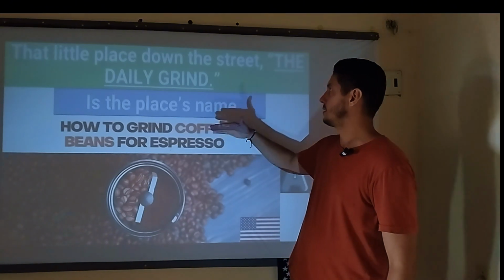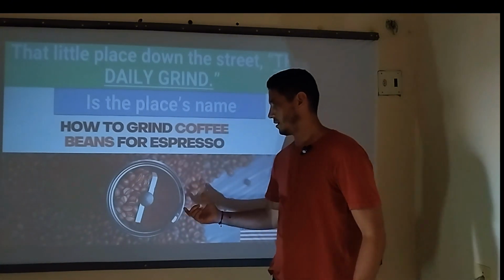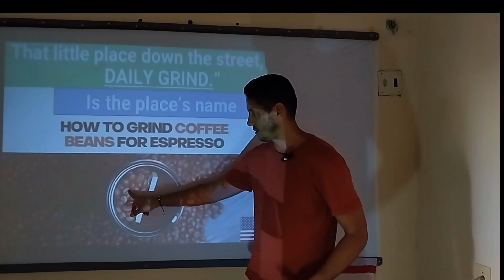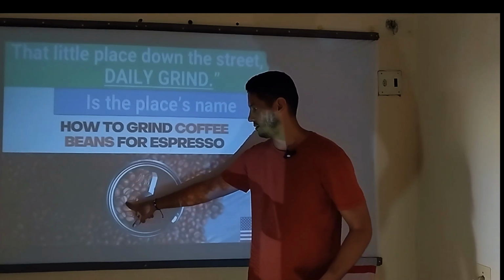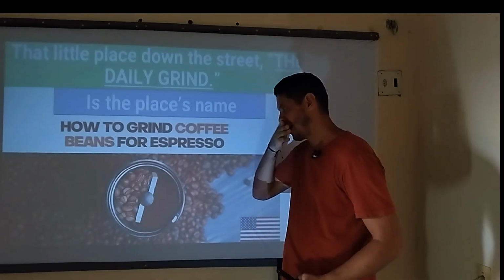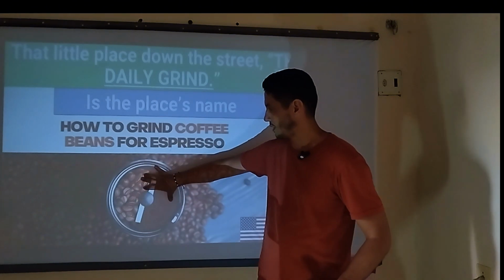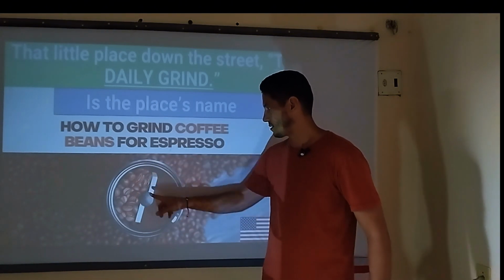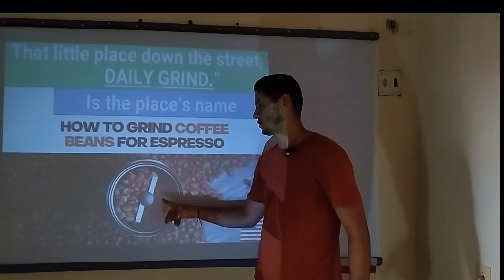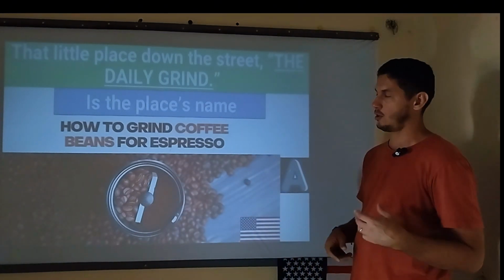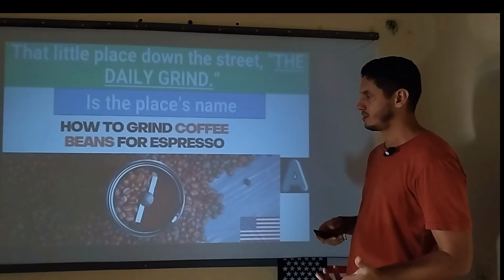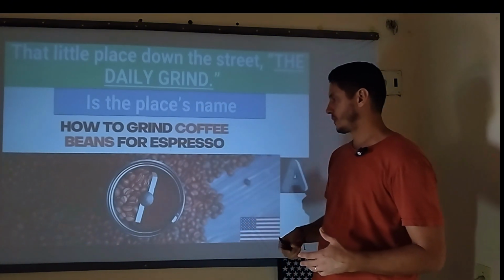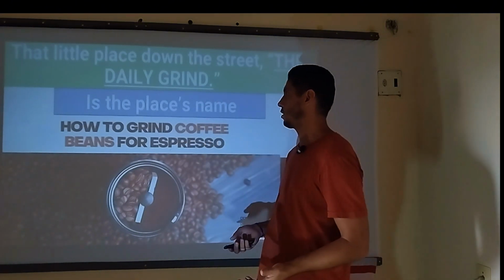Grind is the action of making coffee beans into powder. These are coffee beans, alright? And you put it into that machine, and it spins around and turns beans into powder. So instead of having coffee beans, you have coffee powder. You can pour boiling water and make your coffee.